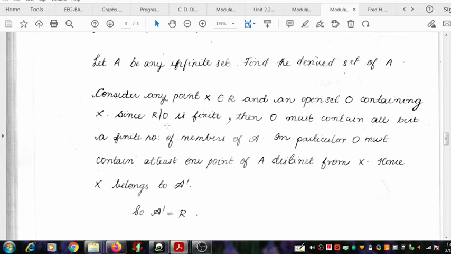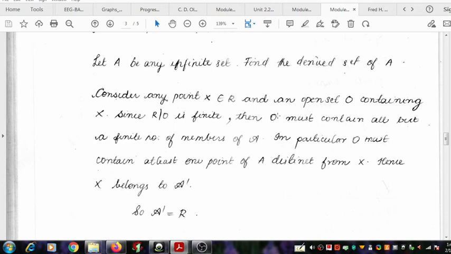We take together the two sets, the open set O and its complement R minus O. All real numbers are divided into two classes, into two sets. There are real numbers which belong to R minus O, and all the remaining real numbers must belong to O.